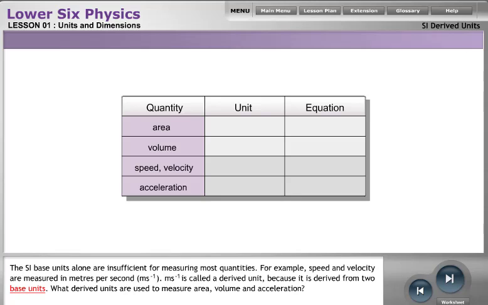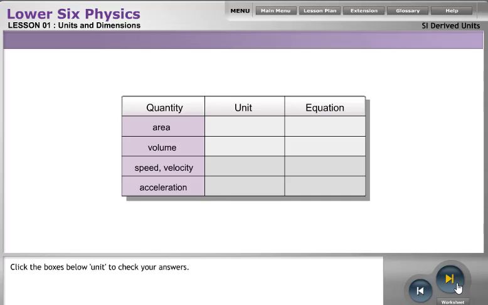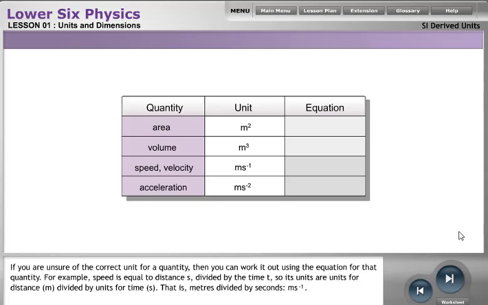What derived units are used to measure area, volume, and acceleration? Click the boxes below unit to check your answers. If you are unsure of the correct unit for a quantity, then you can work it out using the equation for that quantity.